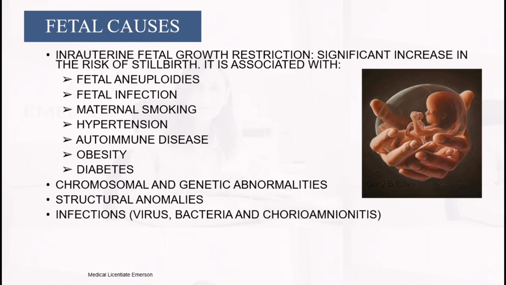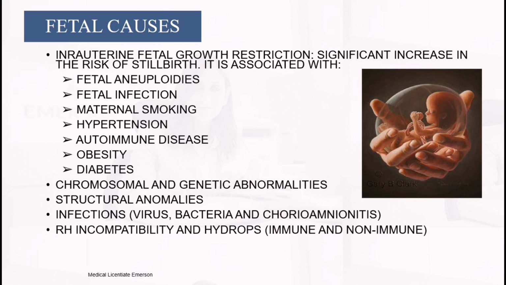So it could be viral, bacterial, or chorioamnionitis. And then we have Rh incompatibility and hydrops, both immune and non-immune. Then we have multiple gestation and G6PD deficiency.